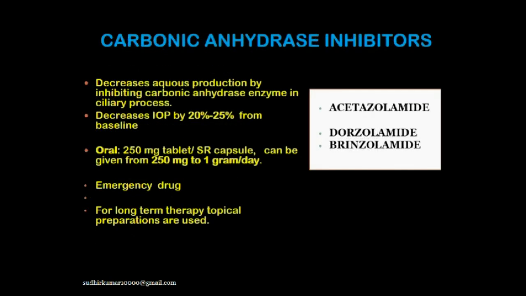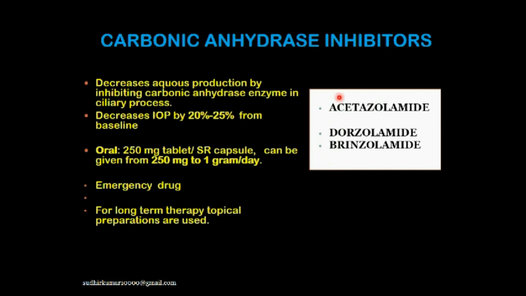Carbonic anhydrase inhibitors are another group of drugs which decrease aqueous production by inhibiting the carbonic anhydrase enzyme in the ciliary process, and they are very potent. Acetazolamide can be used orally, while dorzolamide and brinzolamide are used topically.